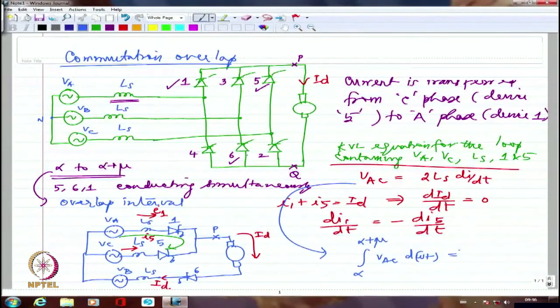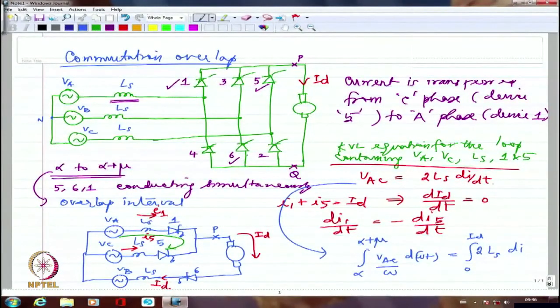Of course we had to divide this by omega because we wanted d omega t rather than dt. And I should have integrated this from 0 to ID because the current was increasing from 0 and reached ID. So this is one equation which is of importance. This is another equation which is of importance.